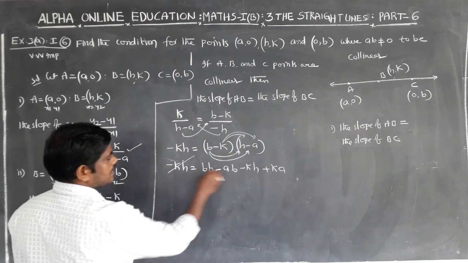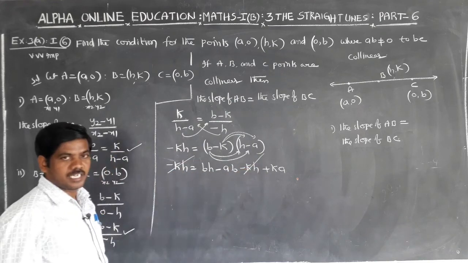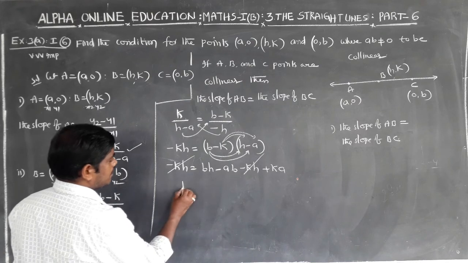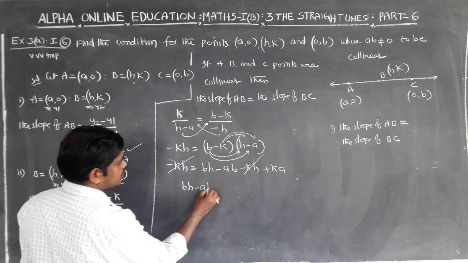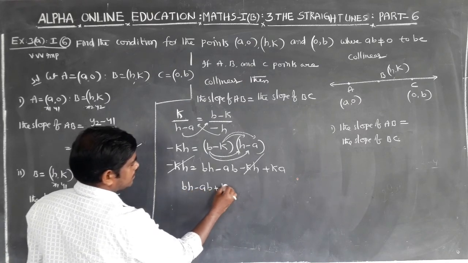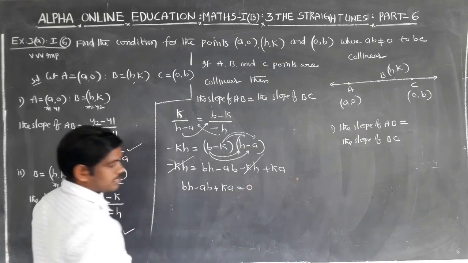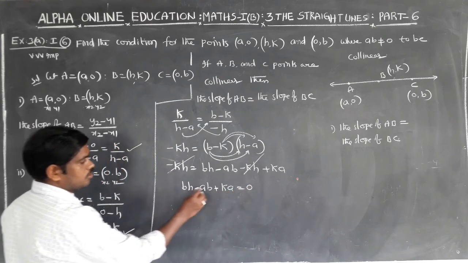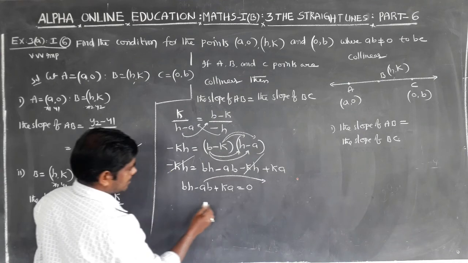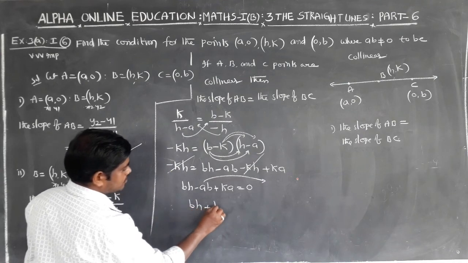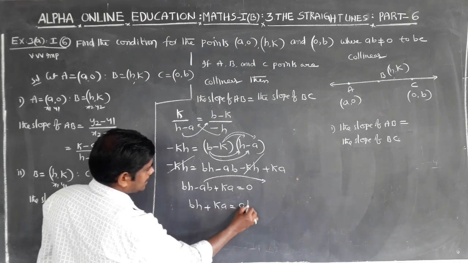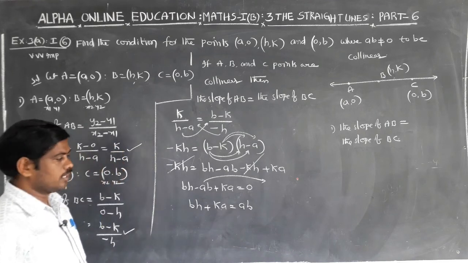On both sides minus kh cancels. The remaining value is bh minus ab plus ka is equal to 0. Taking ab to the right side, bh plus ka is equal to ab.